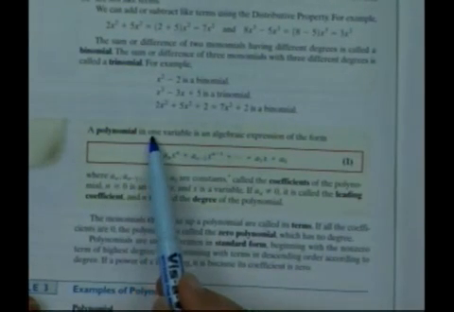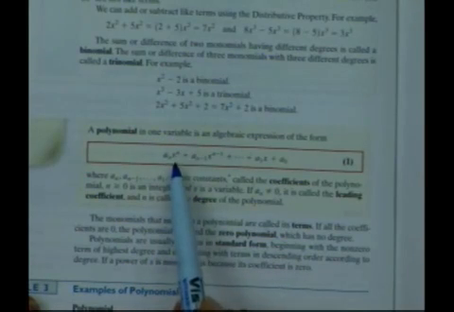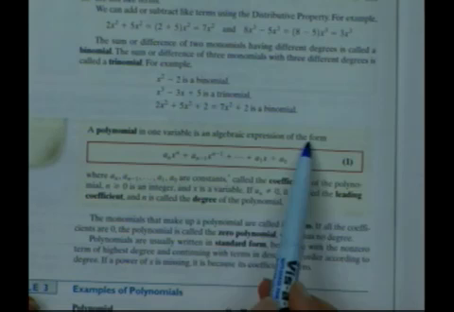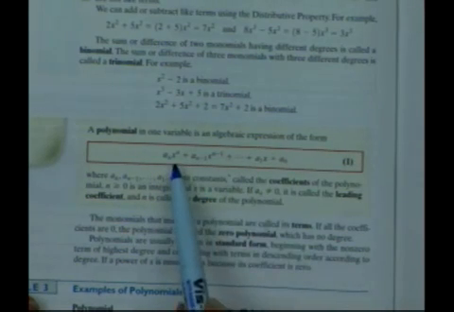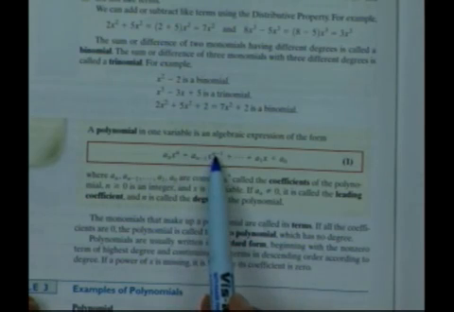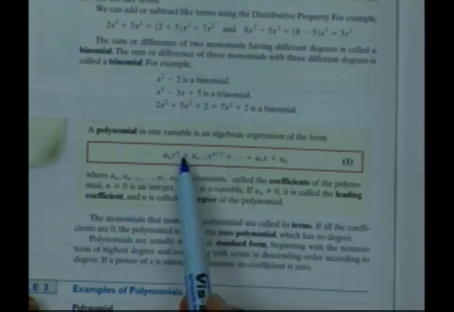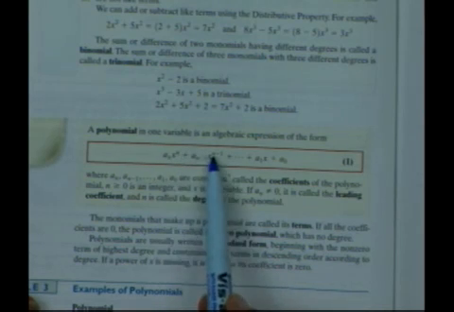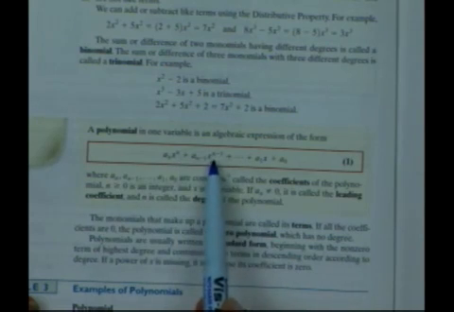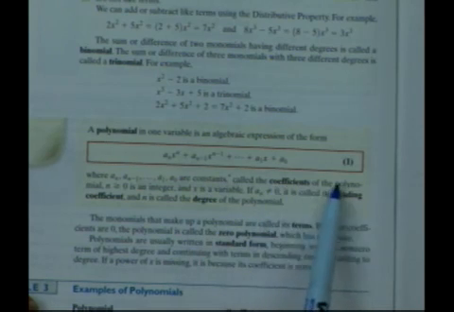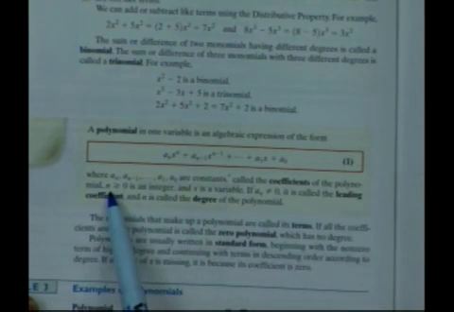A polynomial in one variable, so you only see x's, is an algebraic expression of this form. Here's the form: you have x to the n, then x to the n minus 1. Your exponents on the x are decreasing by 1. The numbers in front of the x's are constants. Those are called the coefficients of the polynomial.